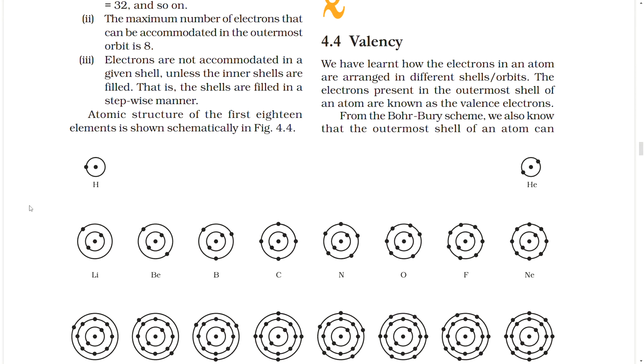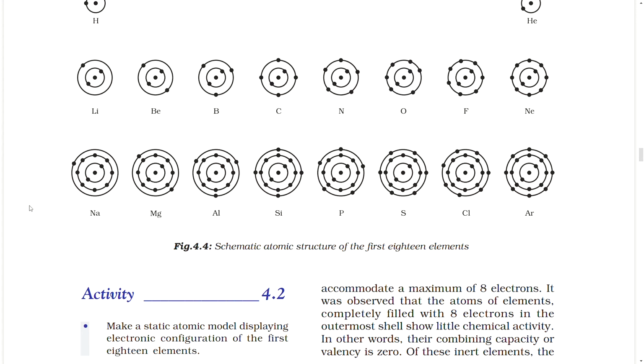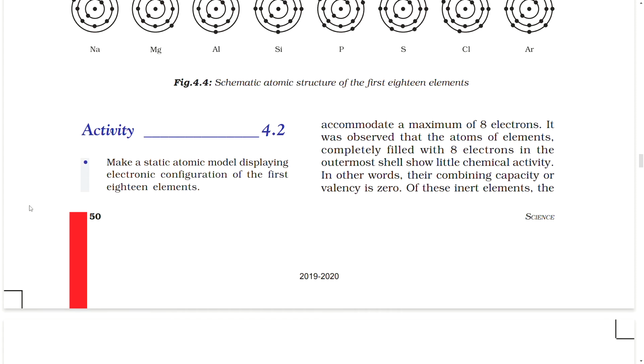4.4. Valency. We have learned how the electrons in an atom are arranged in different cells or orbits. The electrons present in the outermost cell of an atom are known as the valence electrons. From the Bohr-Bury scheme, we also know that the outermost cell of an atom can accommodate a maximum of 8 electrons.